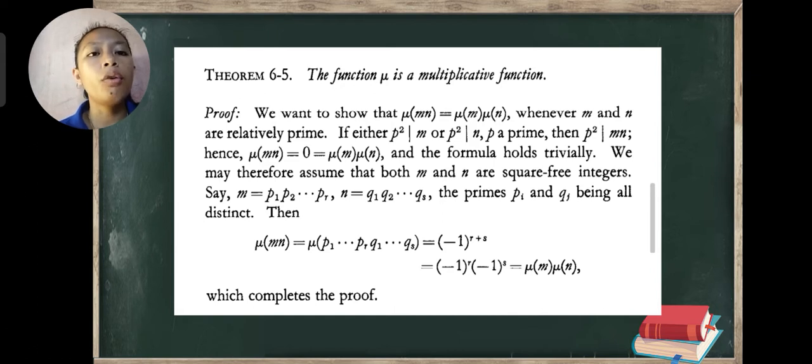Then mu of mn is equal to mu of p sub 1 ... p sub r, q sub 1 ... q sub s, which is equal to negative 1 raised to the power of r plus s, which is equal to negative 1 raised to the power r times negative 1 raised to the power of s, which is equal to mu of m times mu of n, which completes the proof.